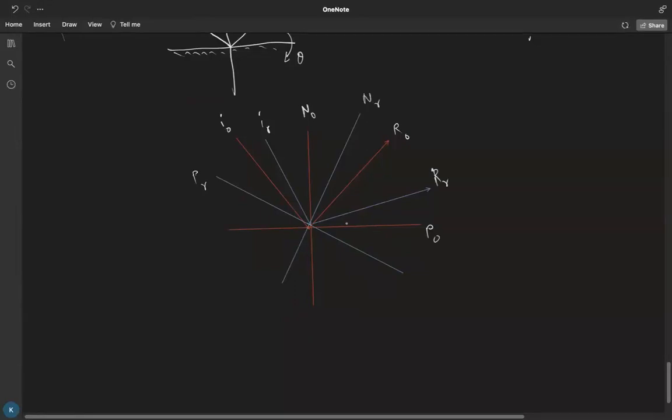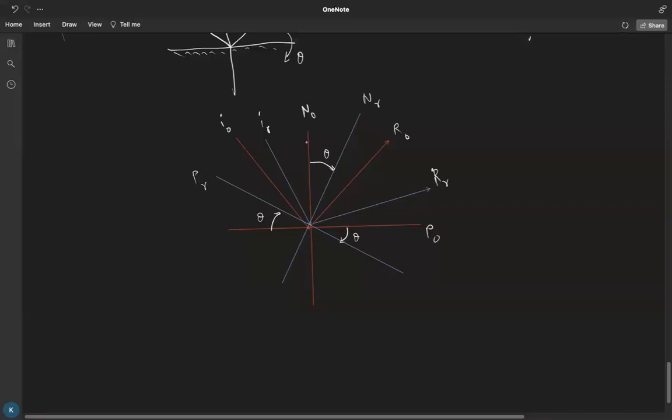Now if I rotate this plane mirror by an angle of theta, this angle is also theta, right? And let us suppose our incident angle is rotated by some angle x. The normal is also shifted by theta, because the whole plane mirror is rotated, so the normal is also rotated.